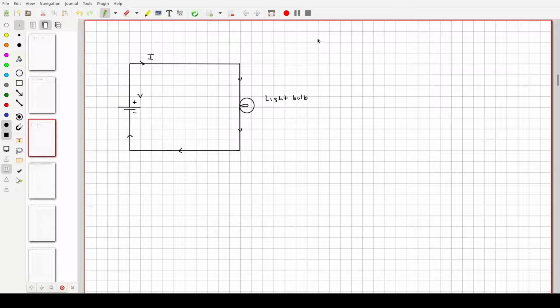So, the conventional direction for flow is from positive to negative. Okay, so it flows around the circuit like this. This is not the actual direction that current flows.